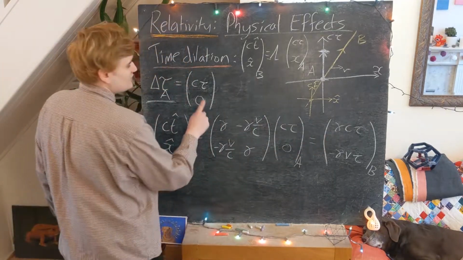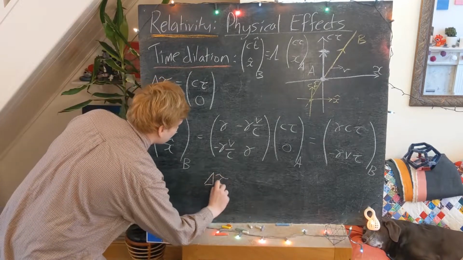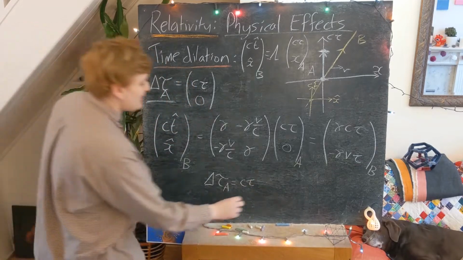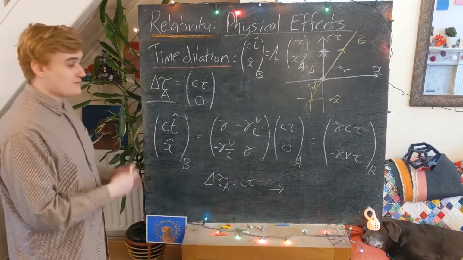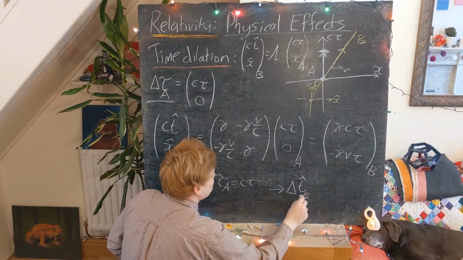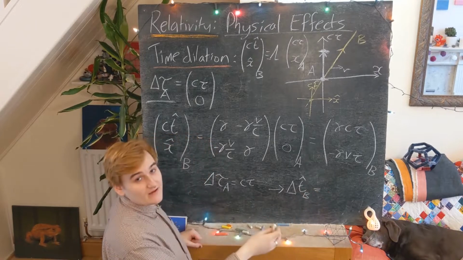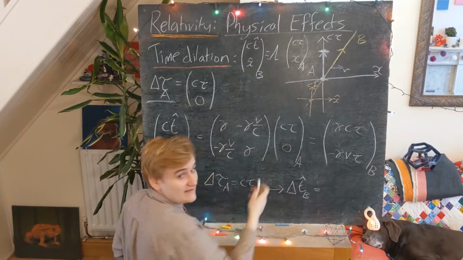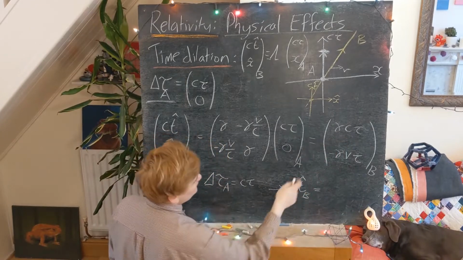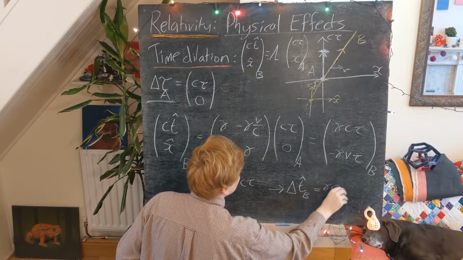And so simply comparing these two values, we see that the proper time interval, which had a length of c tau, has now become the coordinate time interval delta t hat in the B frame, and it has a length given by this value here, because remember we were conveniently setting our origins to be in the same place, and so we can directly read off the value of this coordinate time interval as simply gamma c tau.